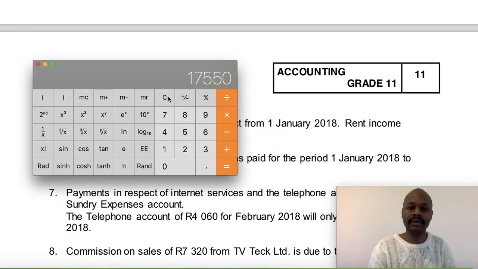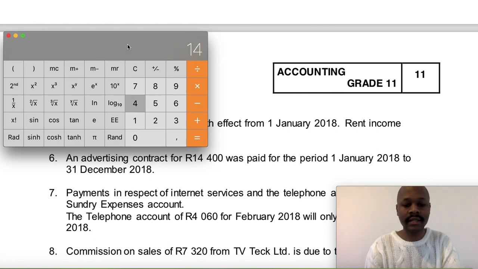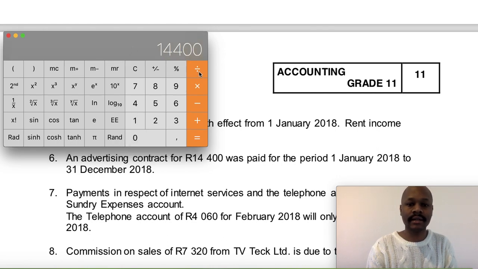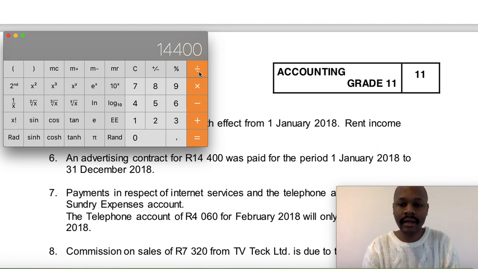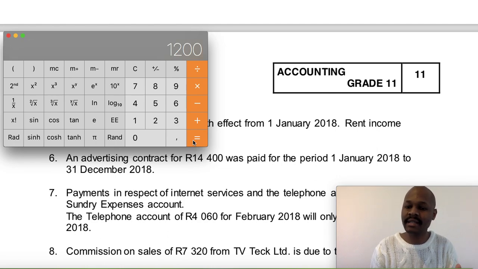So the first step is to determine how much is the monthly advertising here. So you say 14,400 divided by how many months? From 1 January until December, it's 12 months. So you divide by 12, it gives you 1,200. Then the next step is, how much am I supposed to subtract and how much am I supposed to pay?